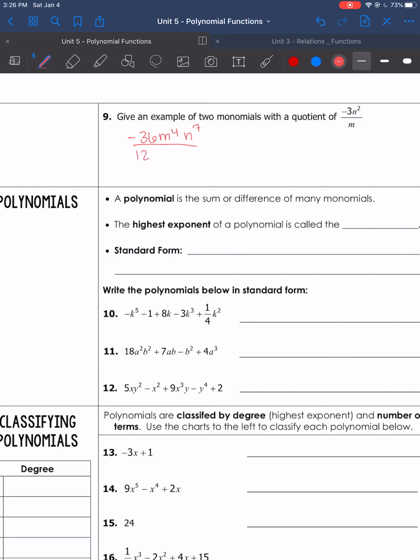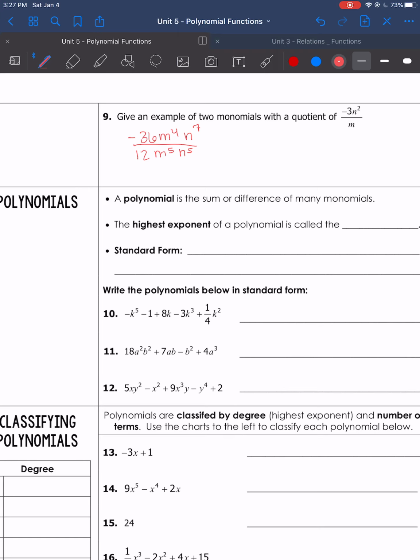You want something with an m in the bottom, so that m's have to be bigger on the bottom than on the top. And then you want 2 n's on top. No, I said 2 and meant to write 5. So you want 2 on top.